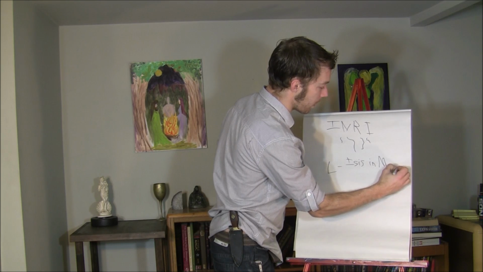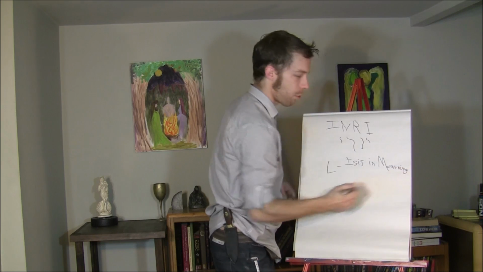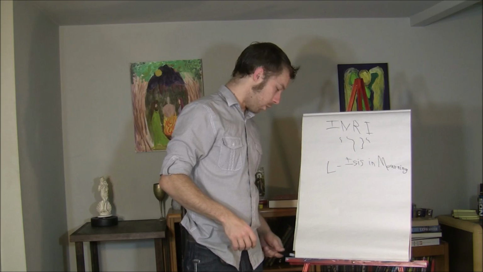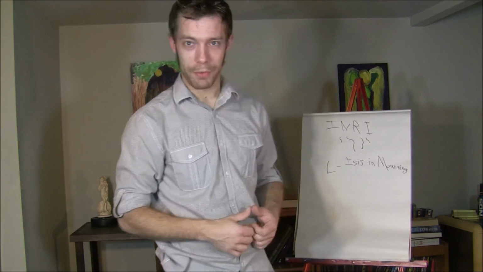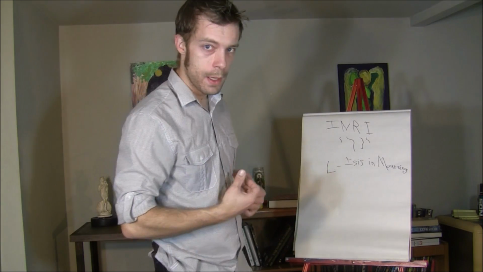And when we say mourning, we're not talking about the beginning of the day, we're talking about sadness. Because in the mythology, Osiris had been murdered, and Isis, his wife, was understandably rather upset about this. She mourned his death.